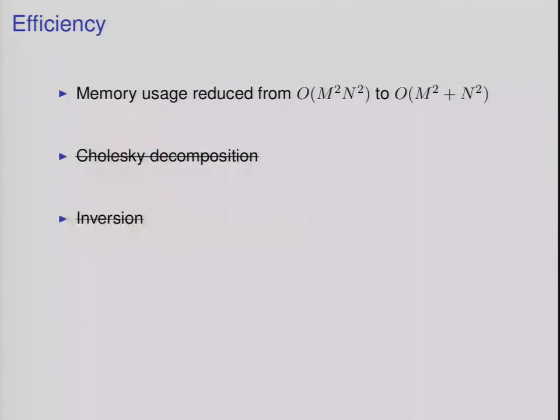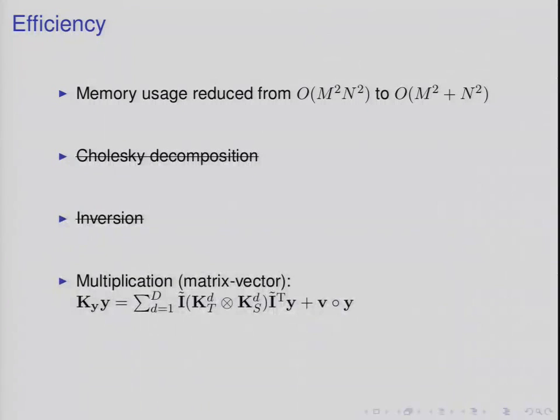It would require computing the full covariance matrix, and we don't want to do that. Still, fortunately, the matrix vector operation is very efficient because the covariance matrix was built from matrix operations. We can just apply the matrix operations sequentially to the vector, so those operations are efficient.